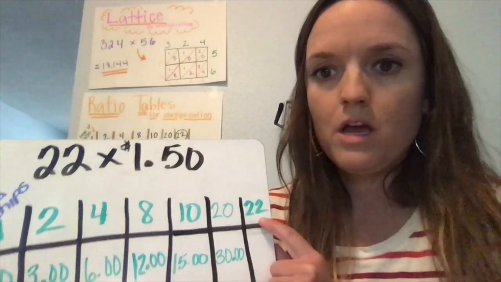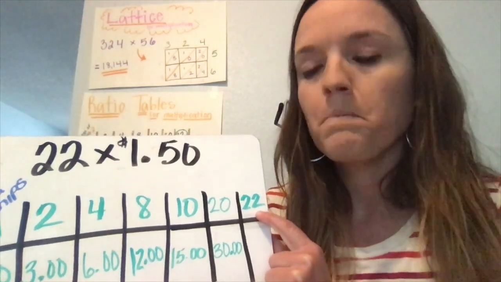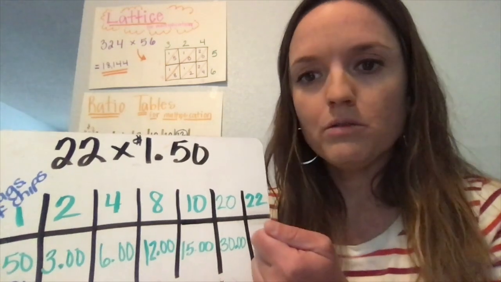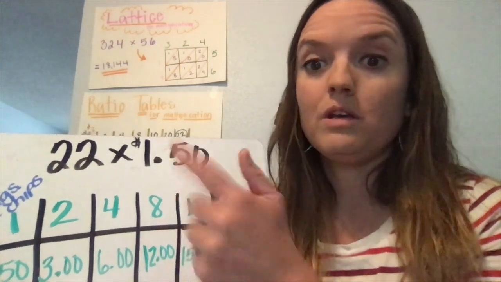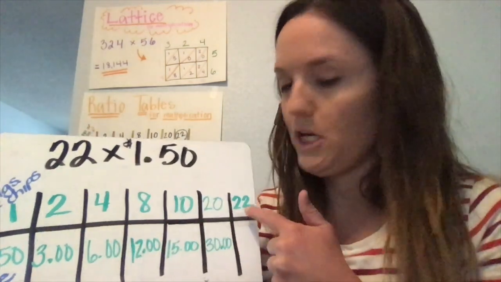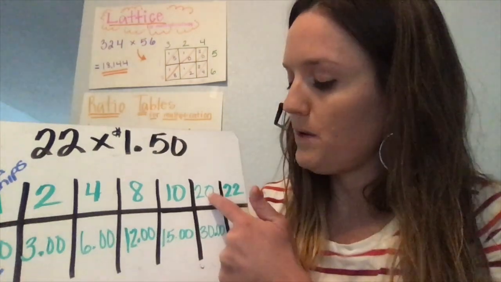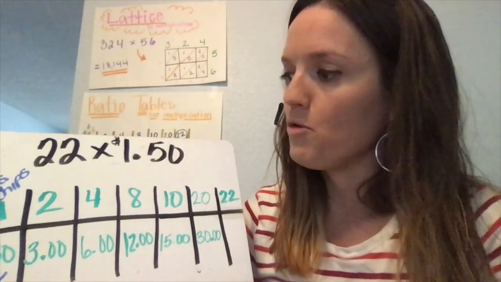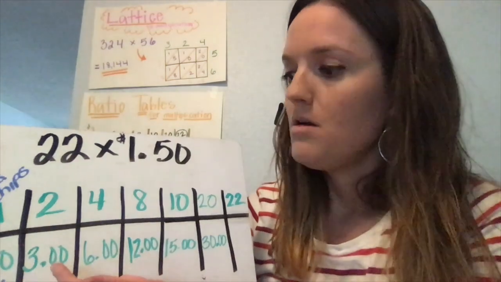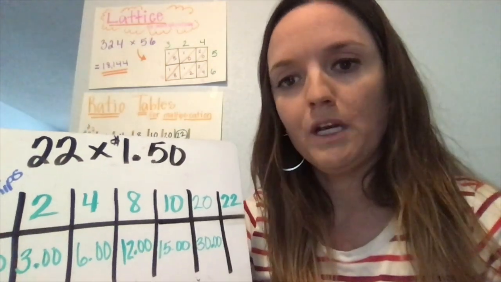So I went ahead and wrote it right next door. I'm going to think about what information I have on my ratio table that I could use to get to that 22 number. I know that 20 plus 2 equals 22. So I'm going to take my total from 20 and add it with my total for 2. So it'd be 30 plus 3 to equal $33.